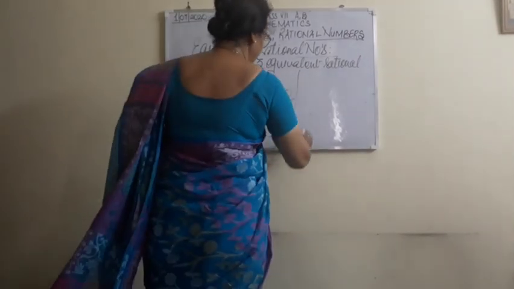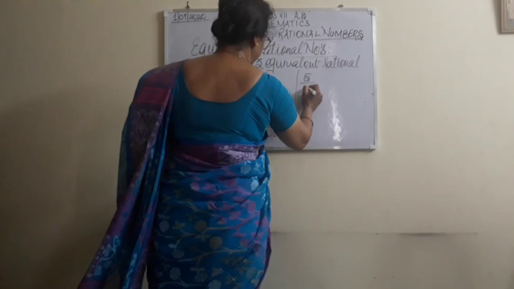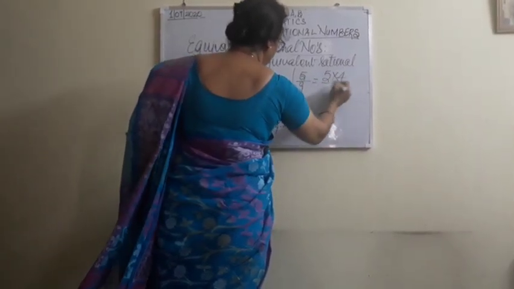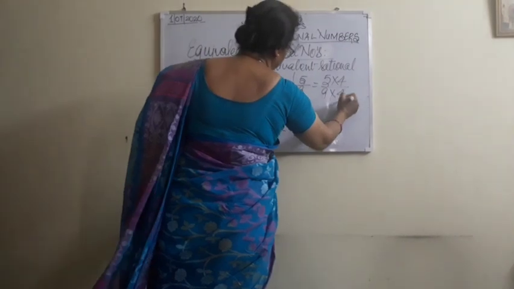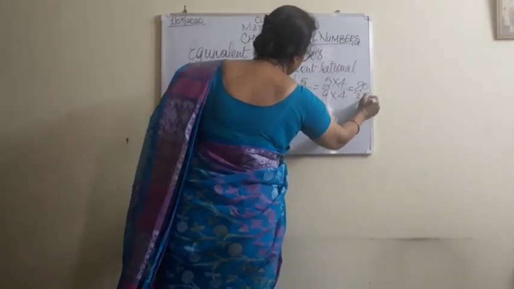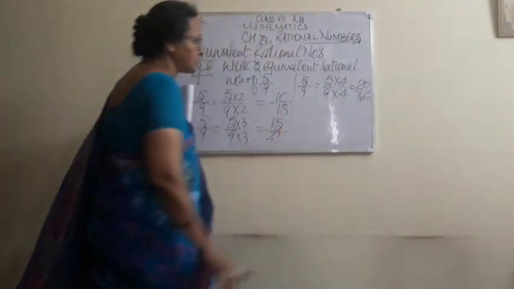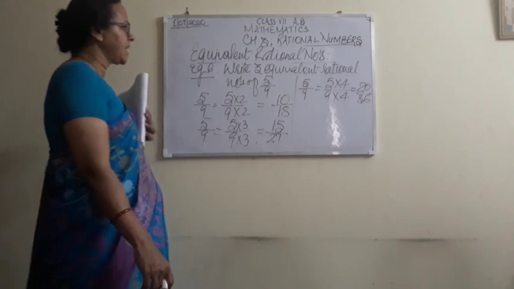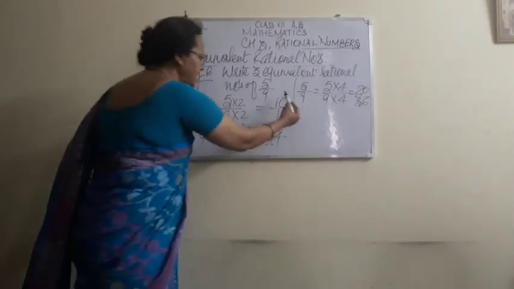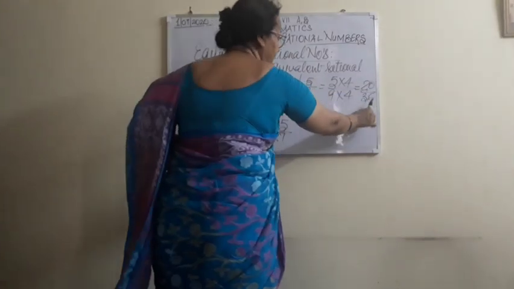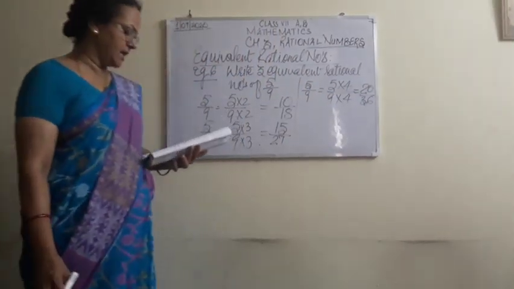Next, third one, we write 5 by 9 equals 5 into 4 upon 9 into 4, which is 20 by 36. When solved, each equals 5 by 9. These are the 3 rational numbers equivalent to 5 by 9: 10 by 18, 15 by 27 and 20 by 36. Is it clear, students?